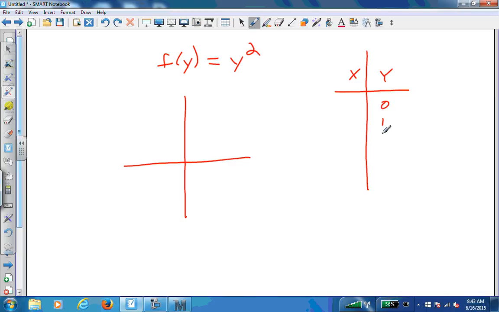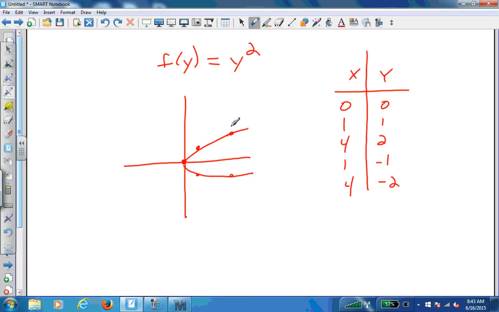If we pick a variety of y's, when y is 0, 0 squared is 0; 1 squared, 2 squared, negative 1 squared, negative 2 squared. So we get 0, 0; 1, 1; 4, 2; 1, negative 1; 4, negative 2. So that's a parabola like that.